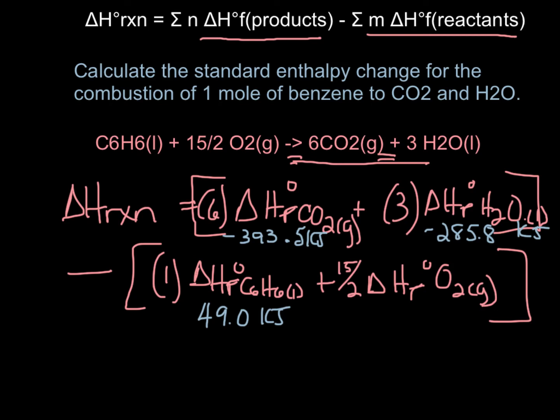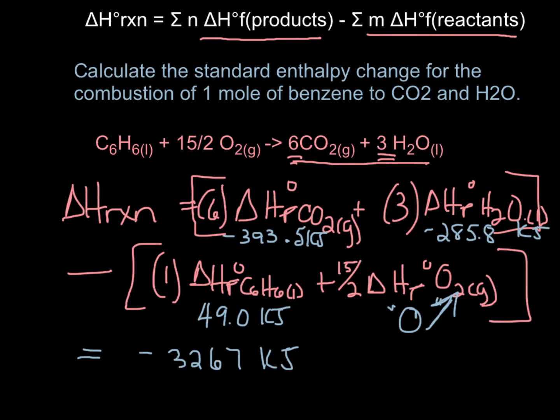And finally, the delta H formation of oxygen, which is a pure element. The delta H formation of any pure element is always going to be 0. And so once we have multiplied by our coefficients, gotten our sums, and subtracted our products minus our reactants, we get a value of negative 3,267 kilojoules. And of course, that negative value for delta H tells us that it is an exothermic reaction, which is exactly what we would expect a combustion reaction to be.